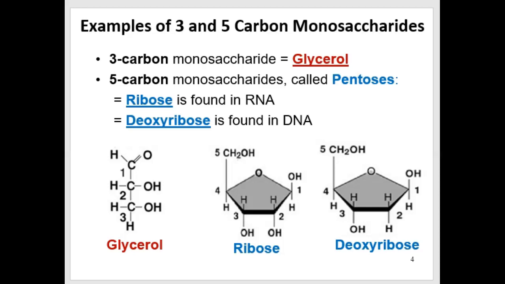So you'll just see that it's created in a cell later on as kind of a step towards a more important molecule. But in addition, glycerol forms the backbone of triglycerides, and fatty acids attach to each one of those carbons. And when we get to those instances later in the course, one is this week, one is much later, I'll point that out, that, oh, here's glycerol, the 3-carbon monosaccharide.